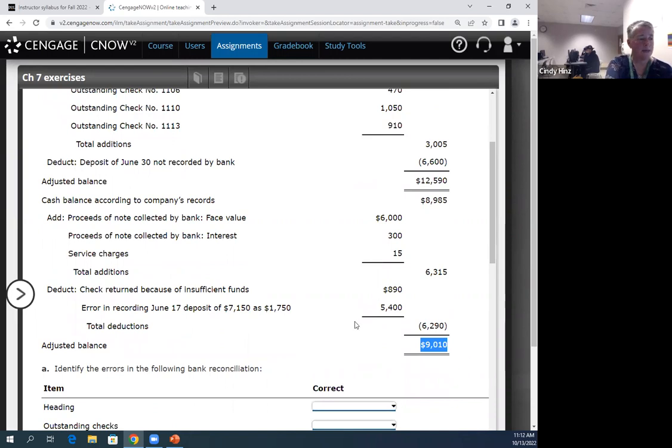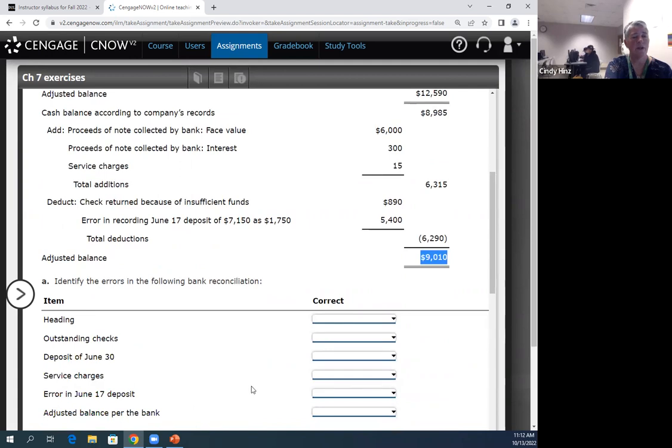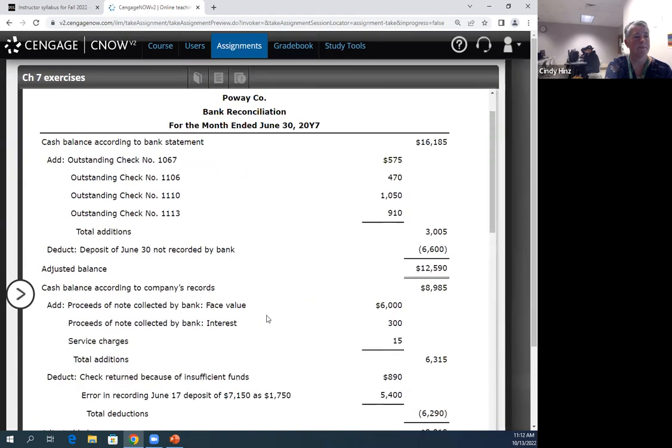So let's go ahead and start. It tells us what to be looking for here. And we have to say whether each of these items is correct, or if not, what it should say. So looking at the heading, we already talked about this line of the heading, that it should be labeled similar to the balance sheet, that it's just a specific date.